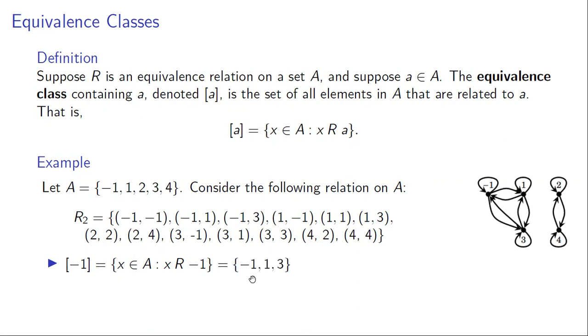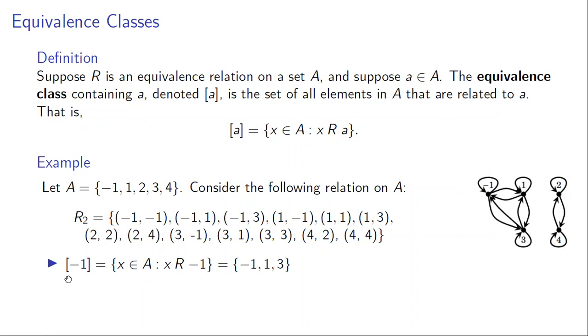So the equivalence class of -1, or the equivalence class containing -1, which means the same thing, is equal to the set {-1, 1, 3}. These are all the things that are related to -1.